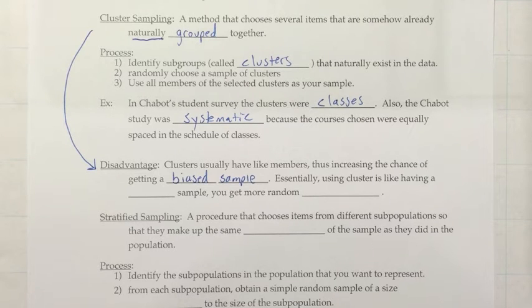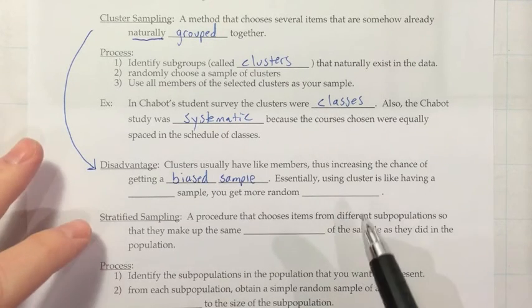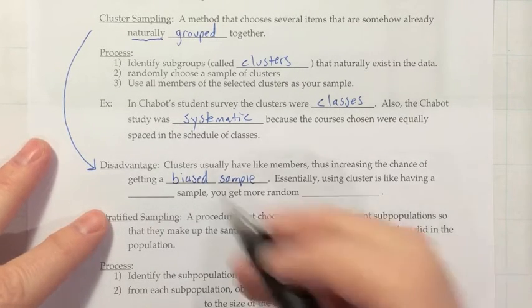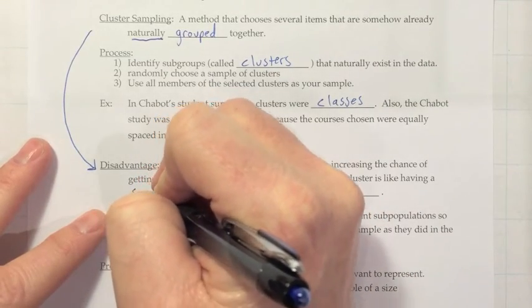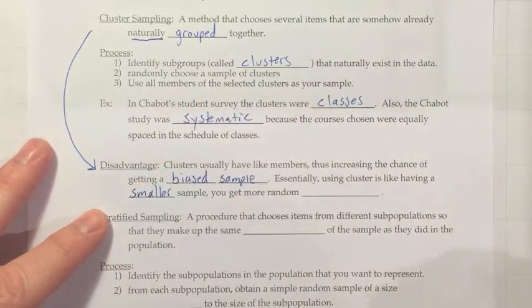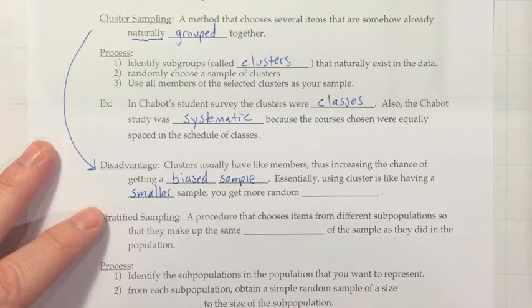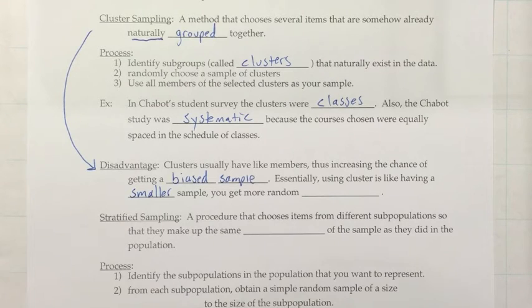Because whenever you choose something, you choose a whole cluster of it at once, and that can cause problems depending on your luck. Essentially, cluster sampling is kind of like having a smaller sample because you're making less random choices. So if I want 600 students and I choose 600 students individually, I'm making 600 random choices.